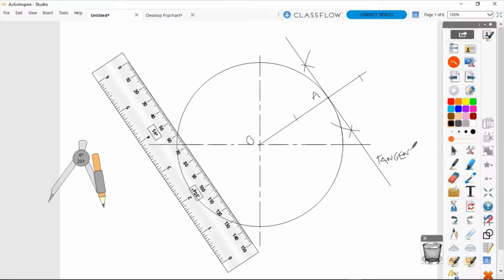We are done with drawing our tangent line through a point A on a circle. And the drawn tangent should always be perpendicular. So this line here, the tangent, is perpendicular to the line OA through point A.